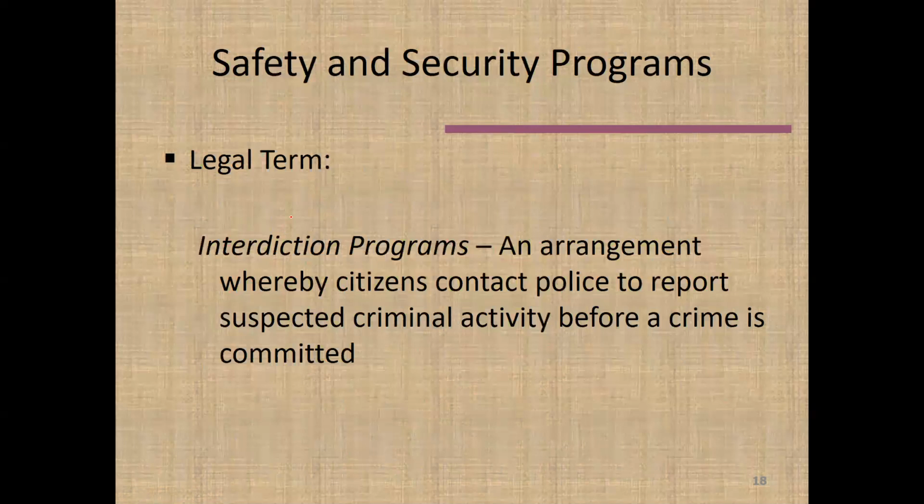The police could then come out and address that behavior with that individual and hopefully persuade that individual to either explain what he or she is doing, if it's innocent, or perhaps leave the facility and move off of your property at that time.